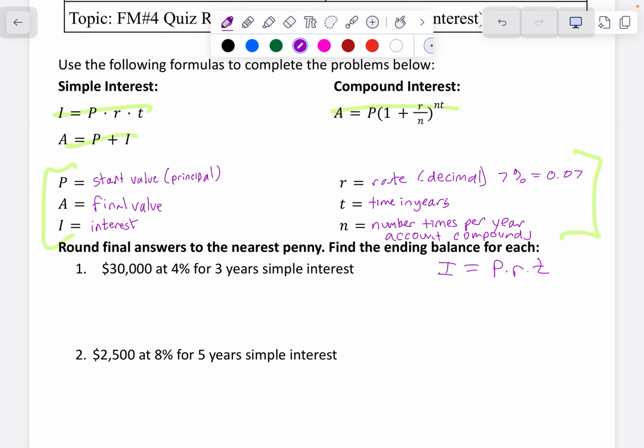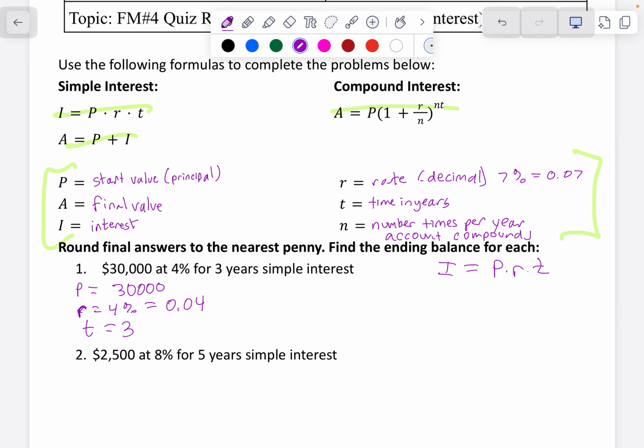Along the side, your starting balance would be 30,000. Your rate is 4%. Now you either have to use that percentage button on the calculator, or if you divide by 100, that's 0.04. That just moves that decimal 2 places to the left, okay? And then our time is 3.